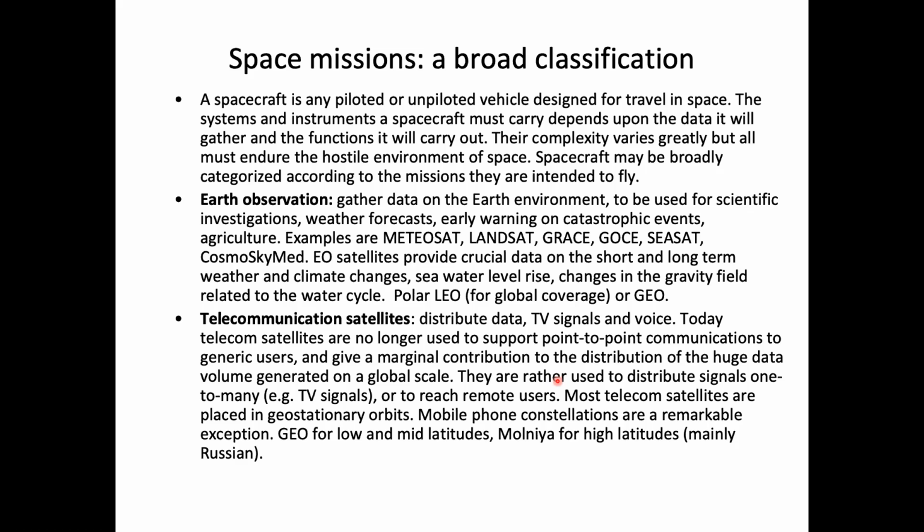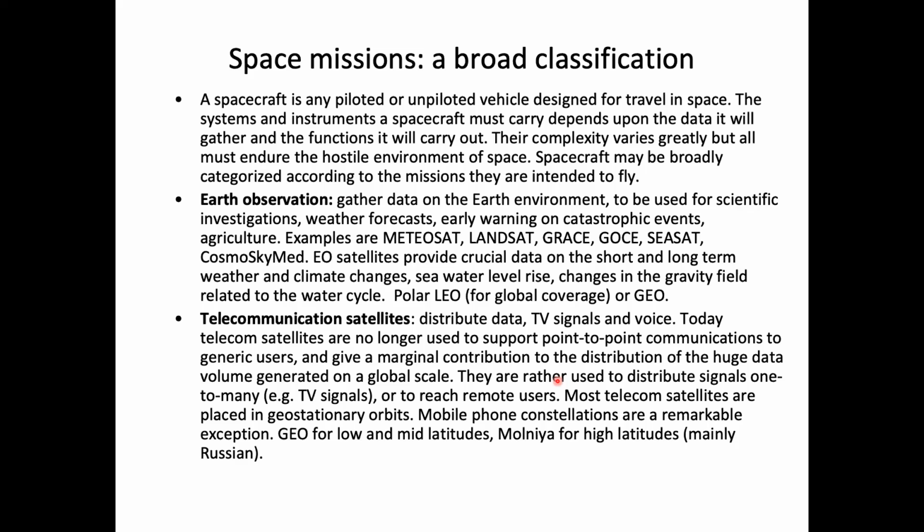So telecommunication satellites, there are two big classes. One, completely obsolete and no longer used, geostationary, and the other, low Earth orbit satellites, constellations made up by many elements, possibly talking to each other, not talking only to ground, but talking to each other and establishing inter-satellite communication.